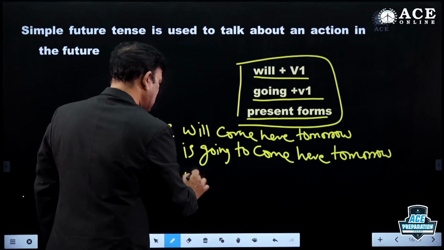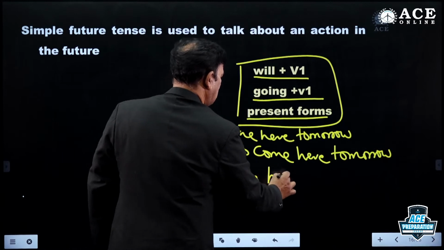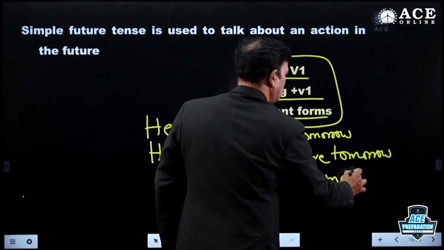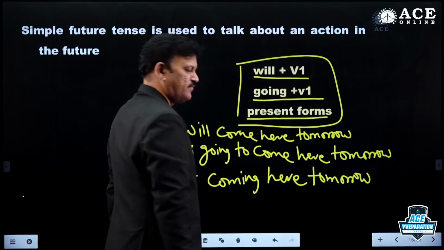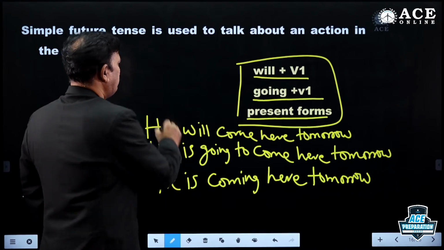Sentence 3: He is coming here tomorrow. Which one is correct to indicate this future?